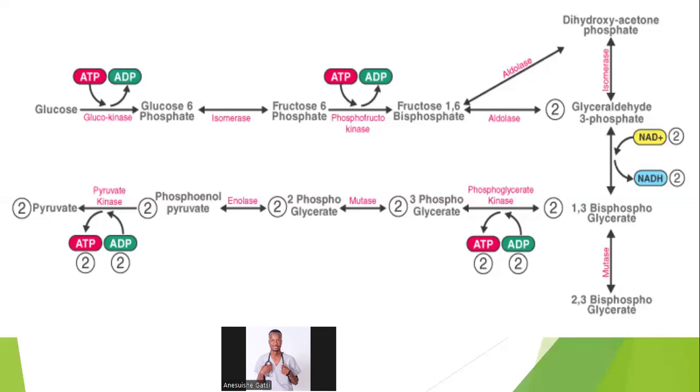We don't just produce glucose 6 phosphate, we also produce other things like ADP and a proton. Remember, ADP is the end result from taking a phosphate from ATP. Now we have glucose 6 phosphate. In the presence of phosphoglucose isomerase, we produce fructose 6 phosphate.